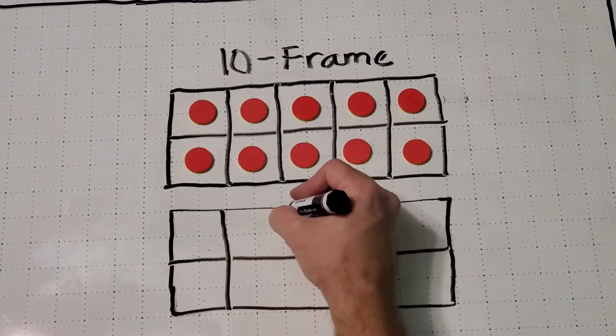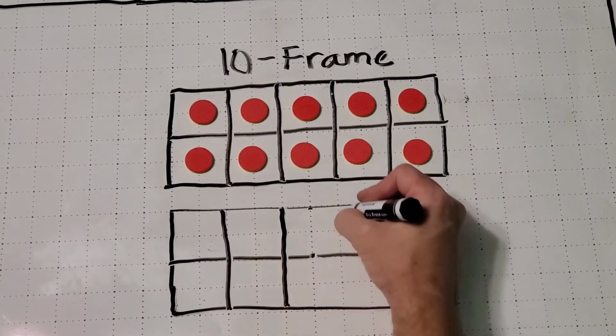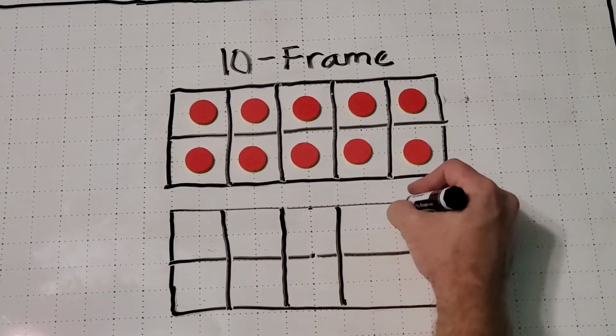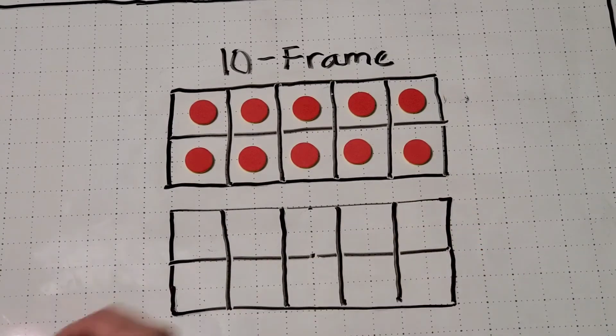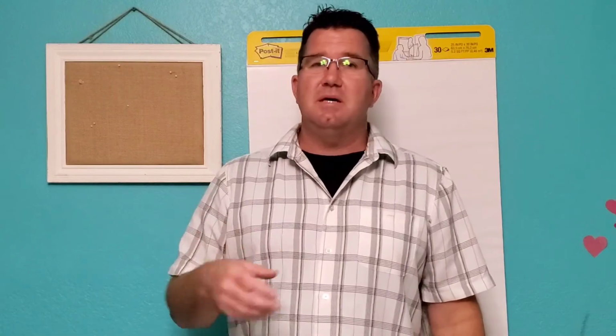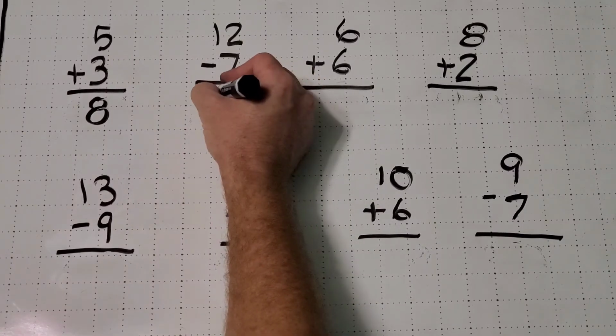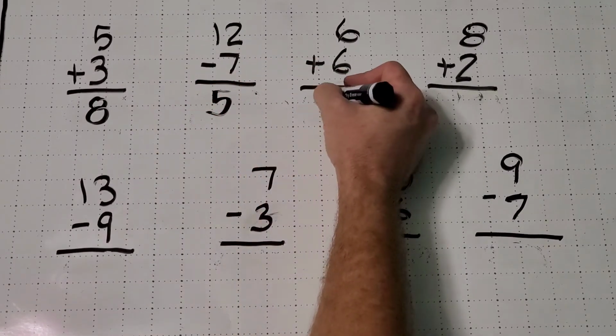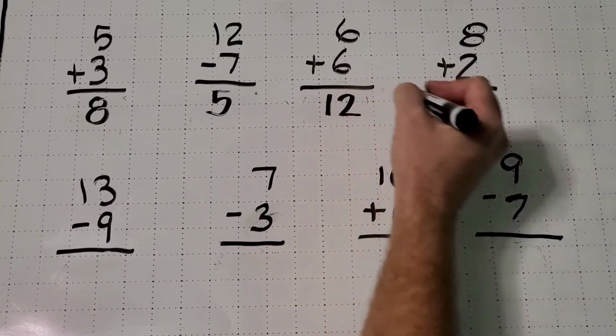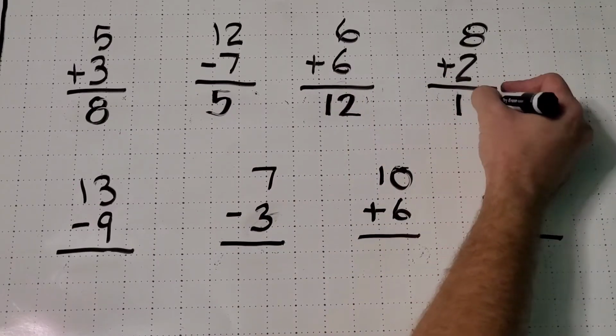Once I've developed fluency working within 10, I may add another 10 frame so I can begin the work to work within 20. And this is where we pass the final baton to second grade. Now that our students are in second grade, our goal is to get them to memorize all of their basic math facts within 20 for addition and subtraction.